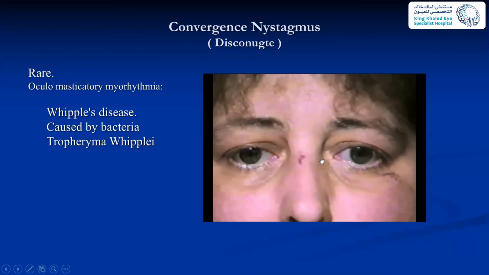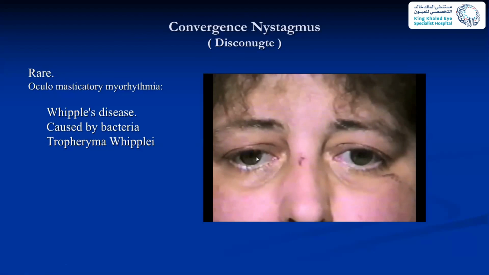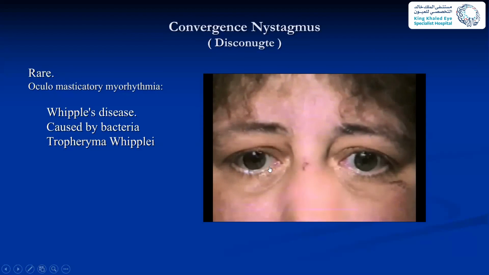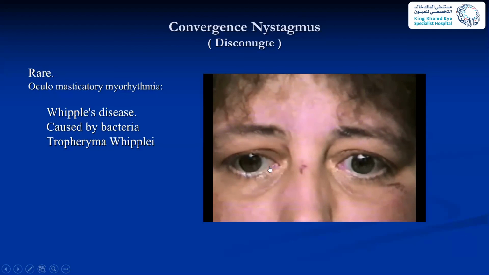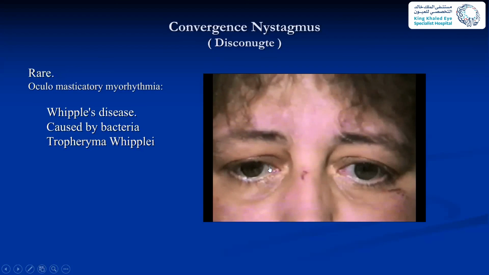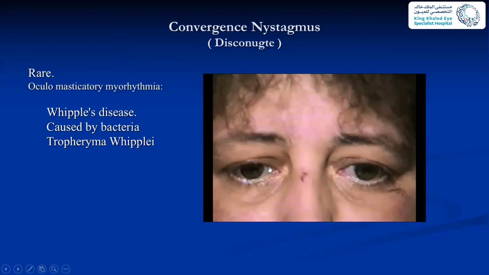You see, both eyes, this one is going inside and this one is going inside. So they are in different directions. And this is an example of disconjugated nystagmus. And sometimes this poor patient goes from one specialty to another.